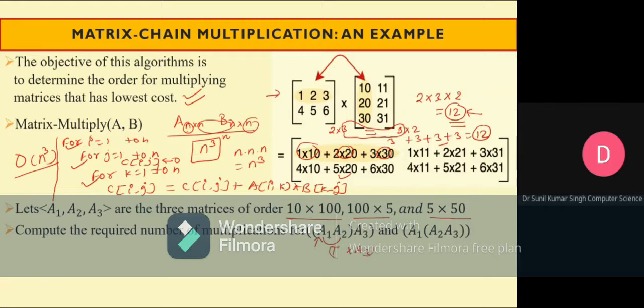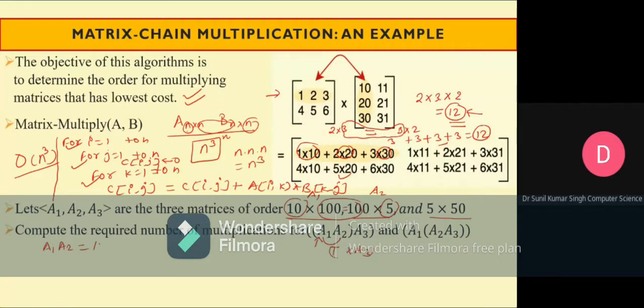So let's find out how many multiplications are required. For A1, A2: A1 is this one, and this is A2. To find the number of multiplications, we take 10, then the one common value where row and column are equal, 100, and then this value 5.